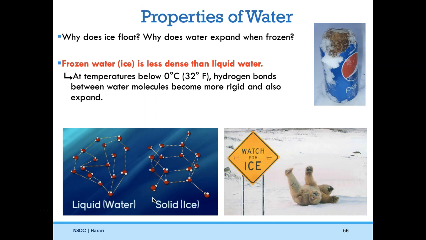And because they spread out, the water molecules become more rigid, but it also expands. And that explains why if you put a can of soda in the freezer, it'll explode, because all the hydrogen bonds in the water of this soda expand at cooler temperatures, below 0 degrees Celsius, and that expansion will cause the aluminum can to explode.